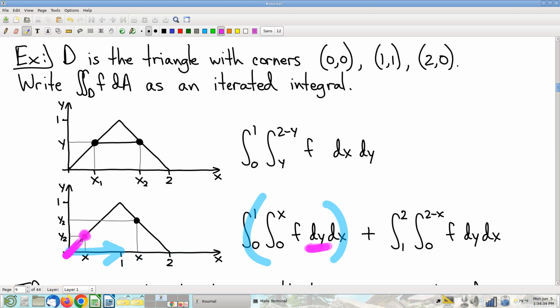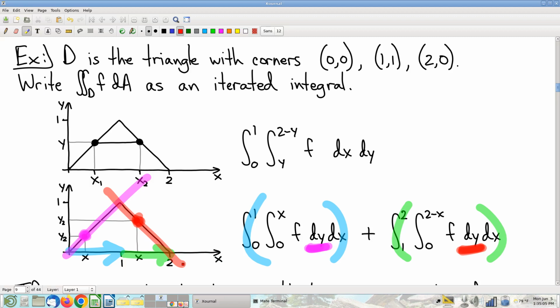is going to be a point on that curve. But for these values of x from 1 to 2, it isn't, right? I'm not following that curve all the way up there. For those values of x, the upper bound for y is on this totally different curve.